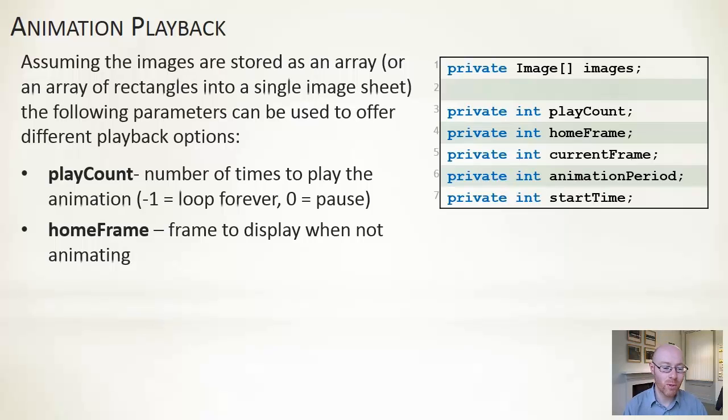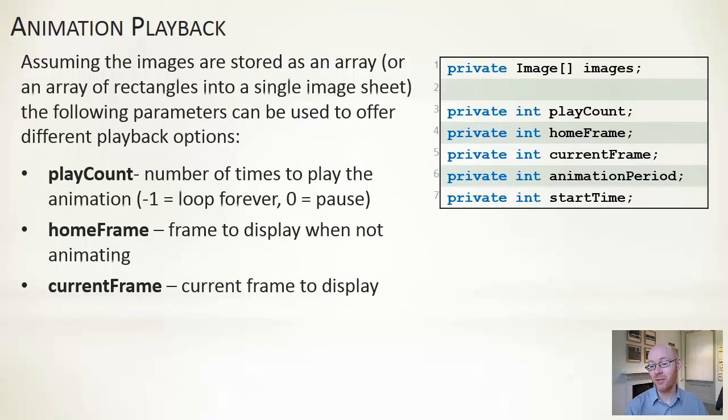This could be because we've yet to start the animation, so maybe it's going to be the first frame. It could be that we want to animate something once and then stop when we get to the end, so it could be the last frame of the animation. We will have a current frame variable, and this will let us know at this point in time what is the frame that we should be displaying. So if we are mid-animation, then this will determine the particular frame of the animation that we're going to pick.